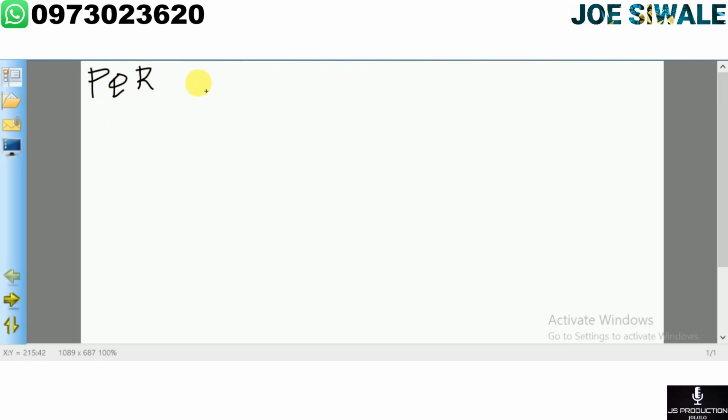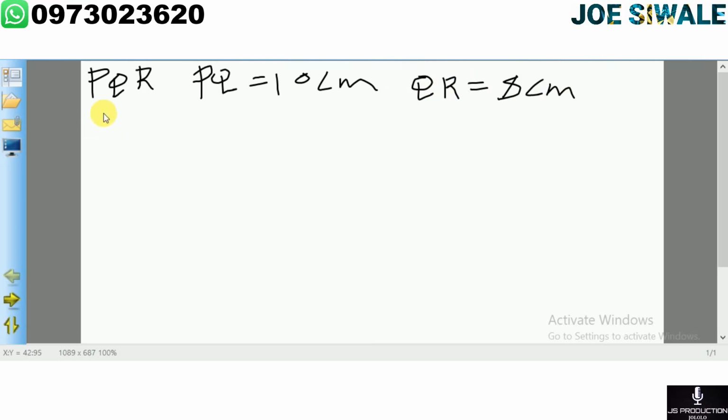So PQR, and from the information I know that PQ has been given as 10 centimeters, then QR has been given as 8 centimeters, and angle PQR has been given as 50 degrees.